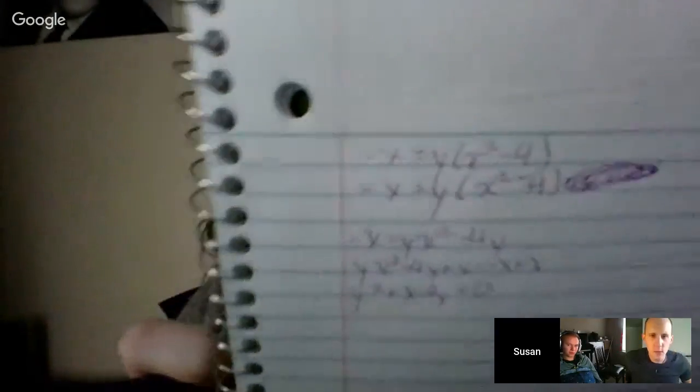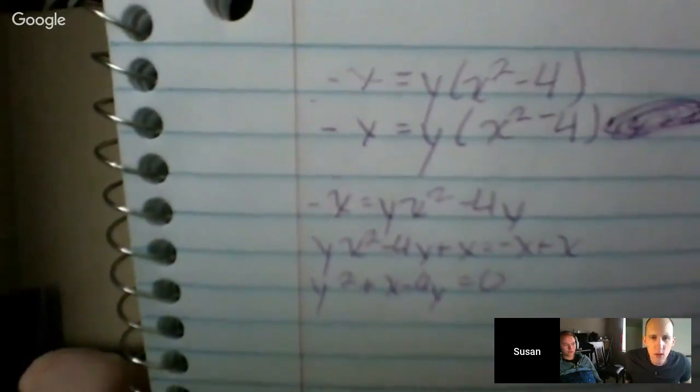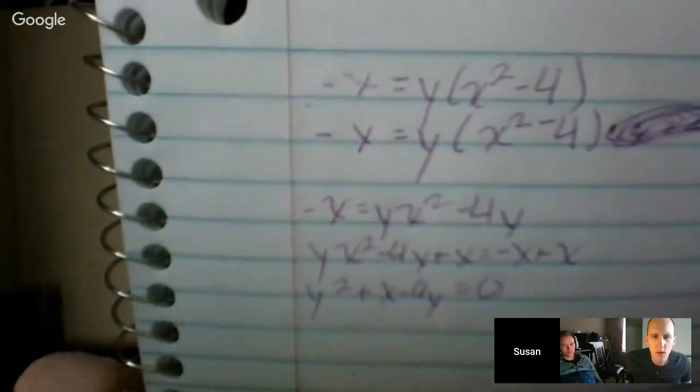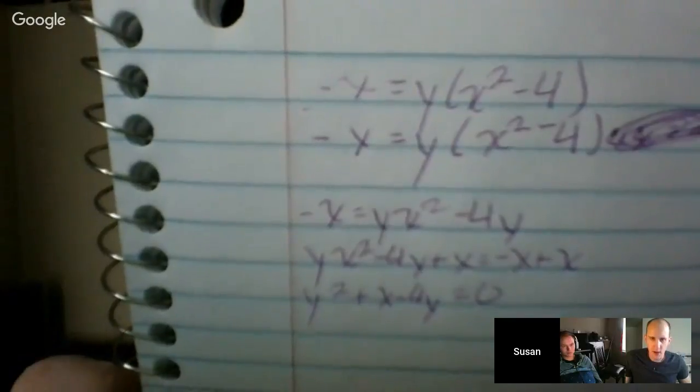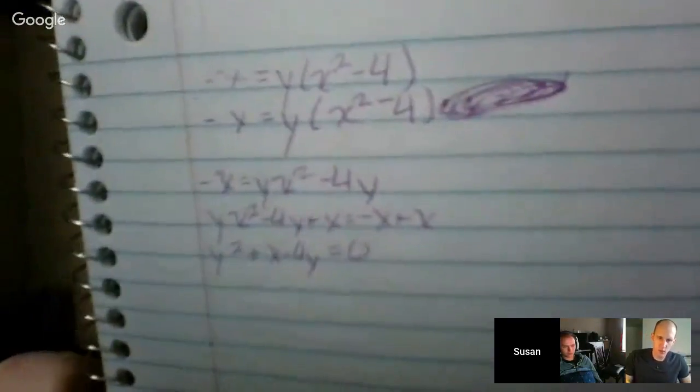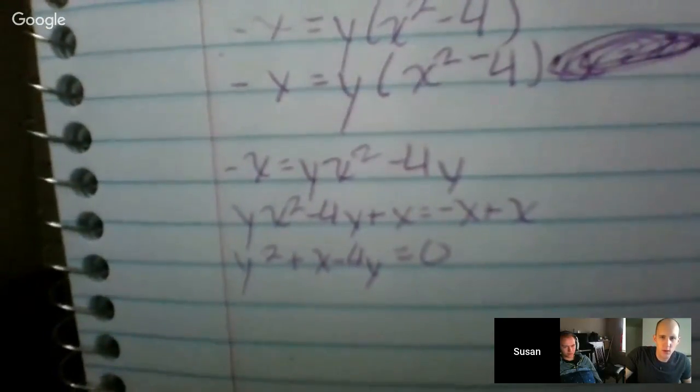Okay, so first I'll write out the part where, okay. So this is before I did the quadratic formula. Oh, hang on. Y squared plus x, what is that? Y squared plus x minus 4y on the bottom? Yes. Y squared plus x minus 4y. Okay.